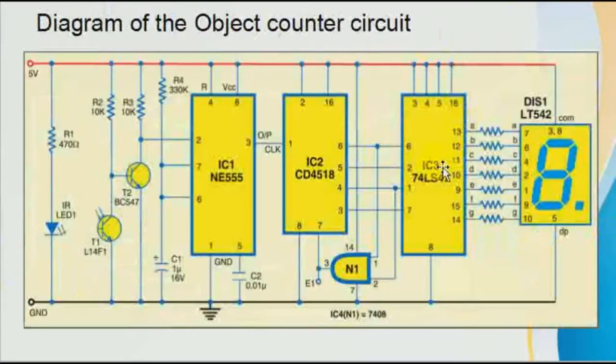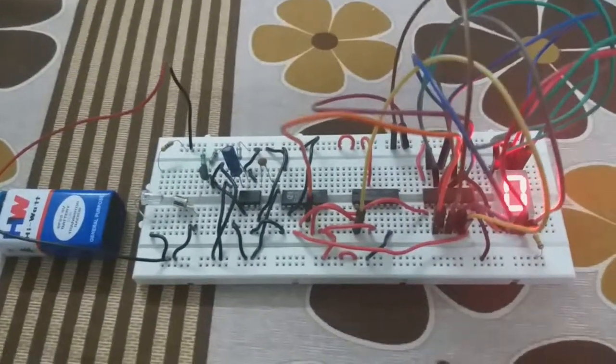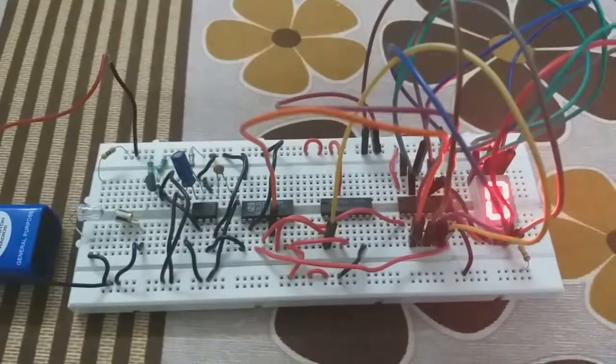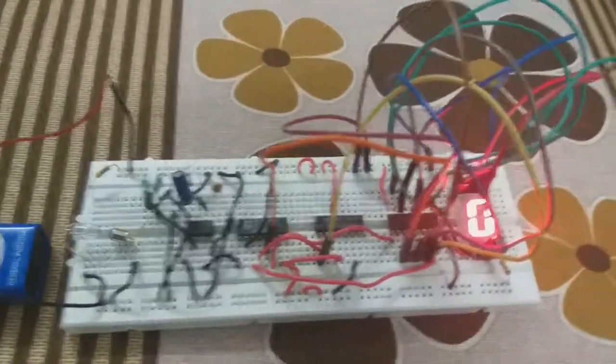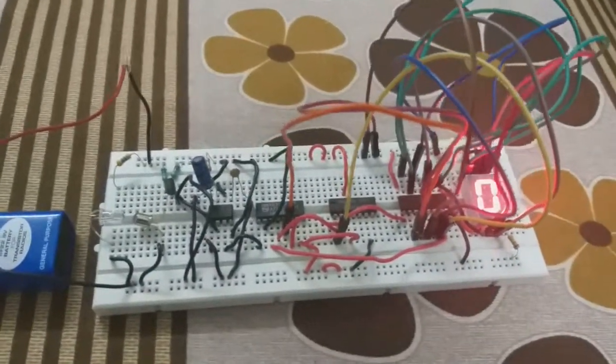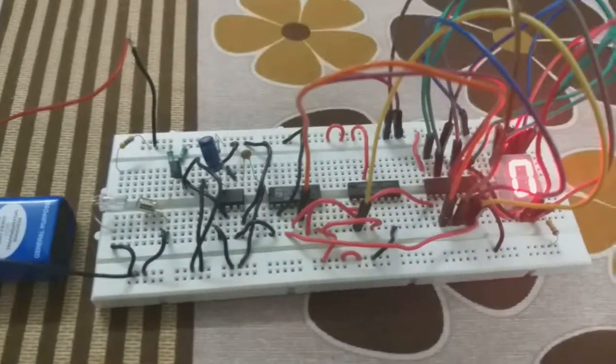Let me now show you how the circuit looks in real. Now we have moved to the implementation in real. As you can see, this is how the circuit looks in real.